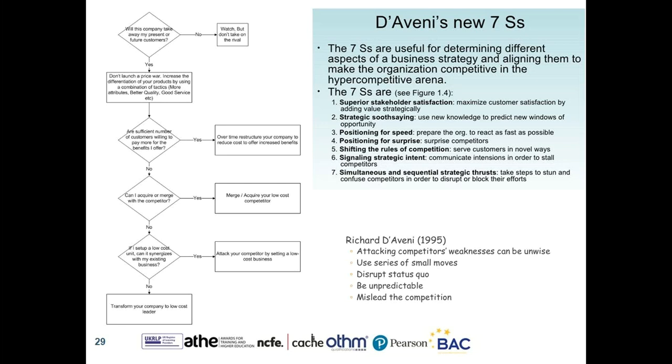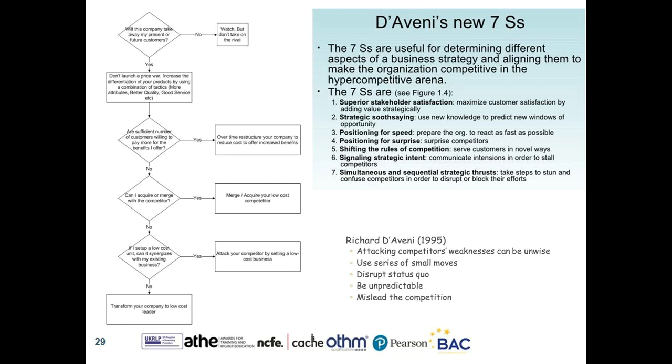Strategic soothsaying means new knowledge, predicting new windows of opportunity, positioning for speed, positioning for surprise, shifting the rules of competition, signaling strategic intent, and simultaneous or sequential strategic thrusts that stun and confuse competitors. Yes, you move here or there, you advertise, you say, oh no, you're selling online, you're moving elsewhere, but maybe you're just playing a game. So attacking the competitors with a series of small moves.